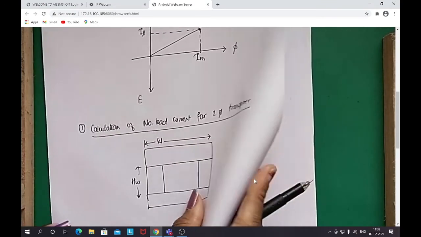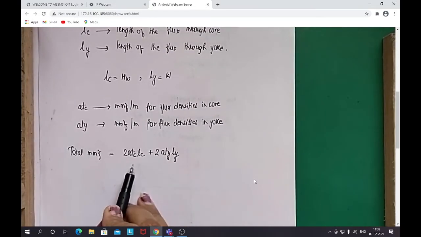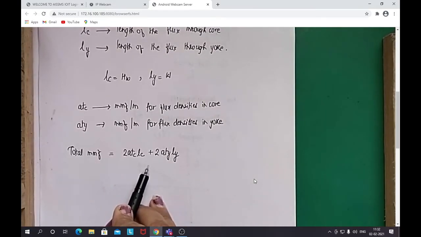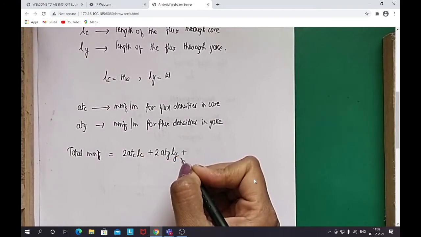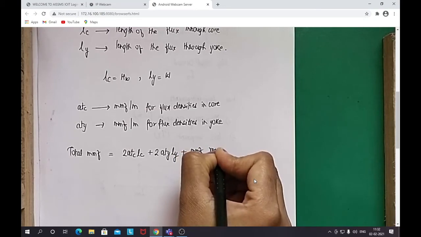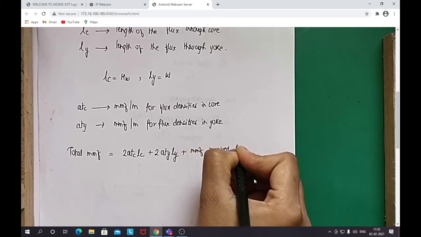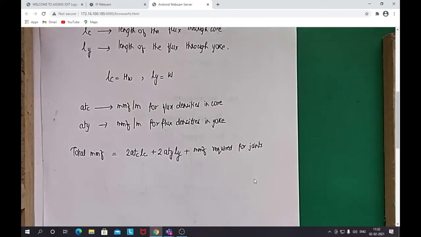So the total MMF will be twice ATC LC plus twice ATY LY, plus we have to include one more term, which is the MMF required for joints.